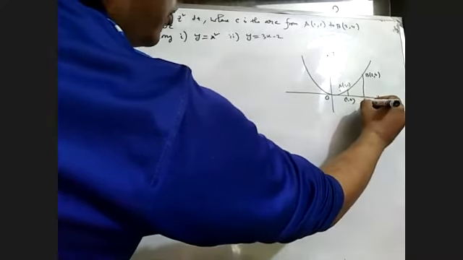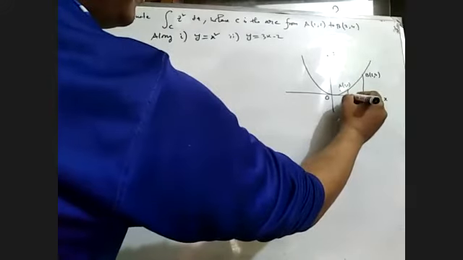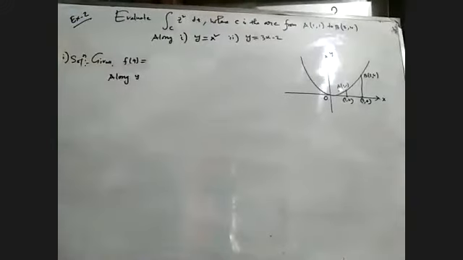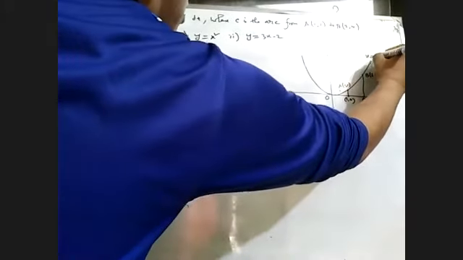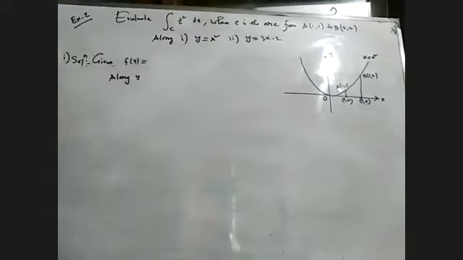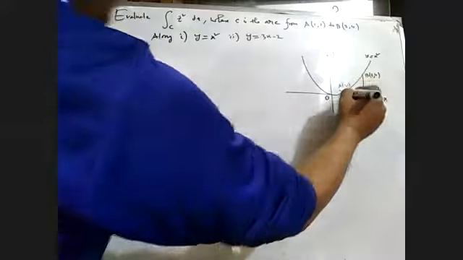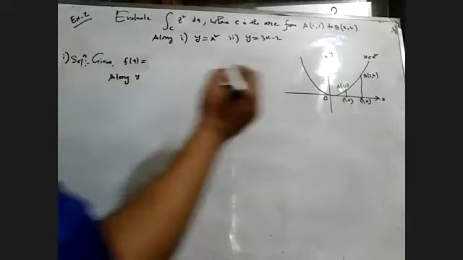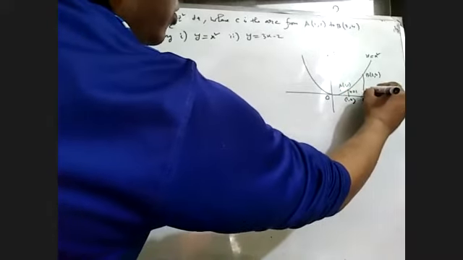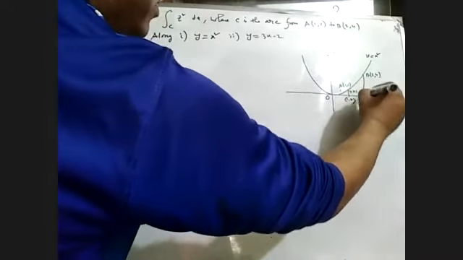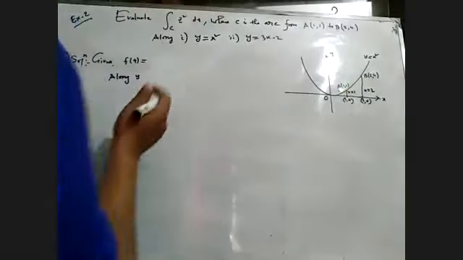Okay, this point will be 2 0. And this curve y equals to what? x square curve. And this line will be x equals to 1, and this line will be what? x equals to 2, parallel to y-axis, and this also parallel to y-axis, x equals to 1.